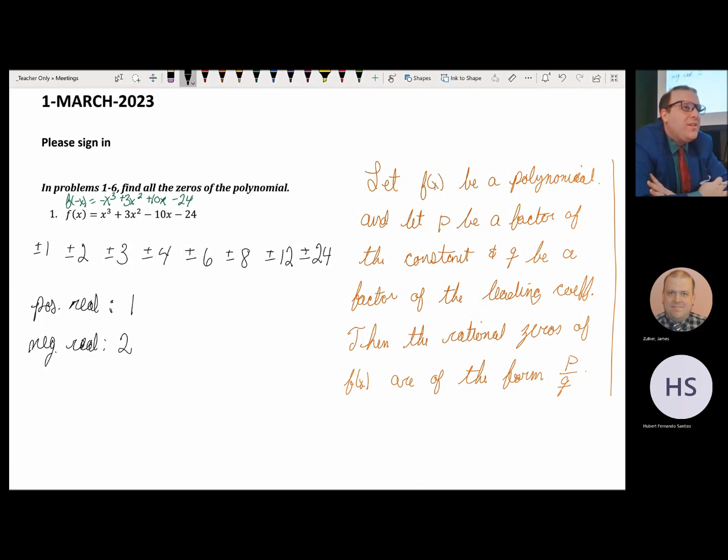So you could have 2 negative zeros or no negative zeros. Right, so that's what less than even means. It would be 4 or 2 or 0.